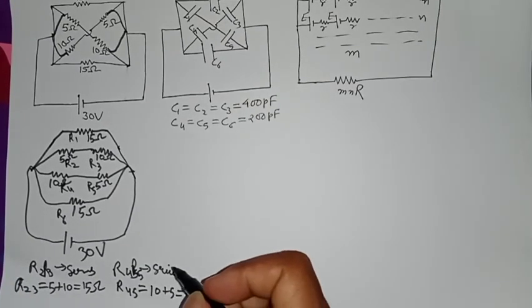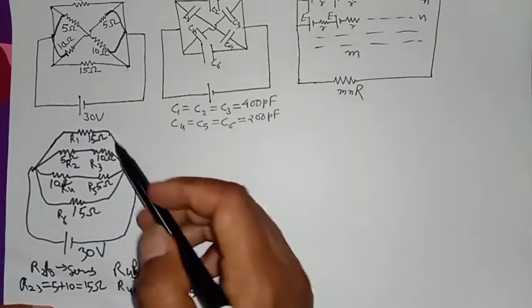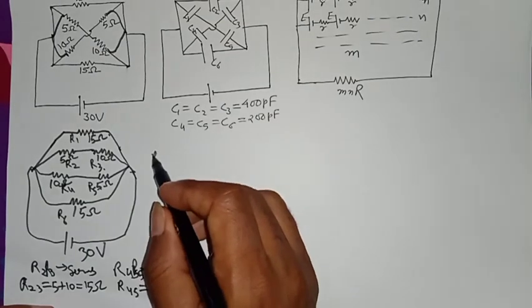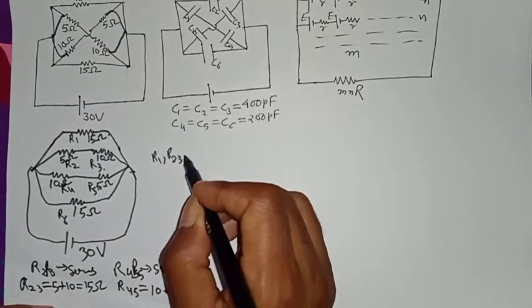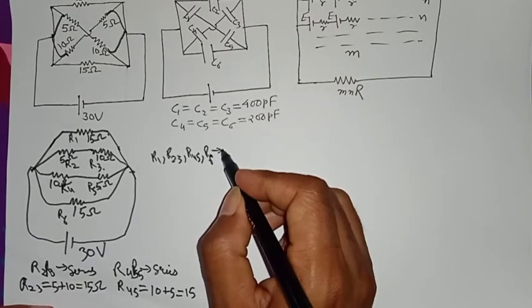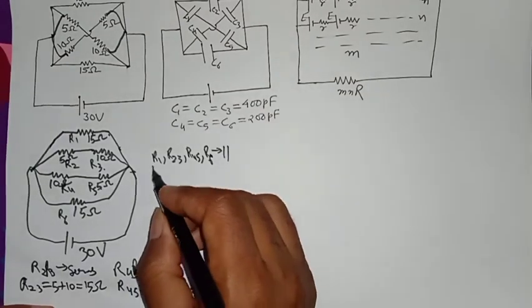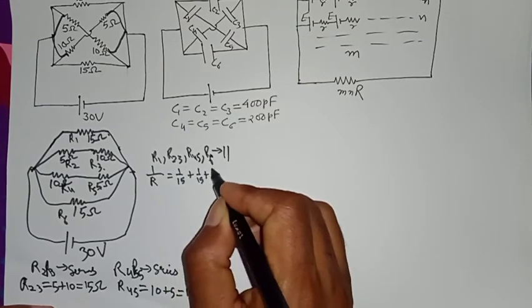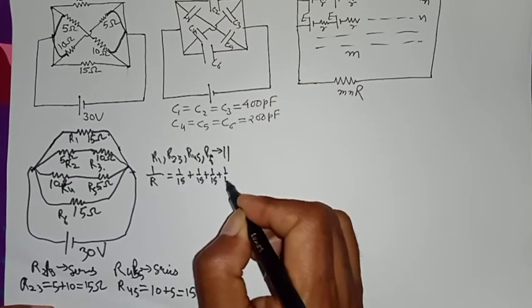So R1, R23, R45 and R6 are in parallel. So 1 upon R equals 1 upon 15 plus 1 upon 15 plus 1 upon 15 plus 1 upon 15. Now you can do it.